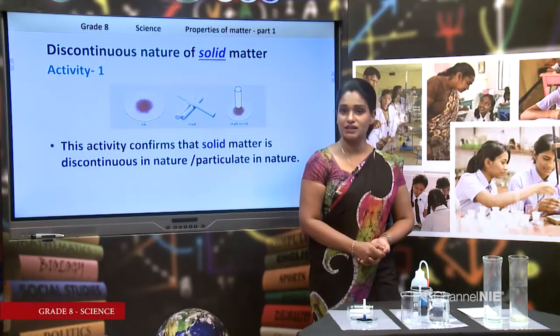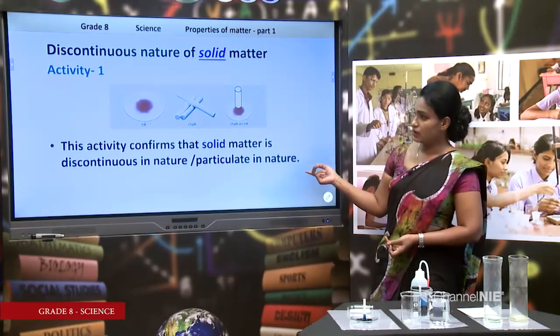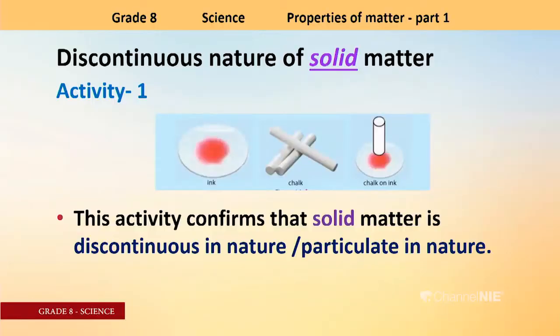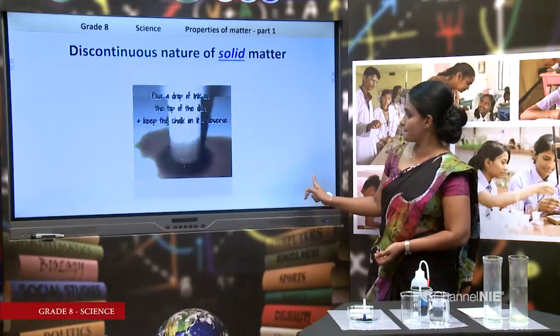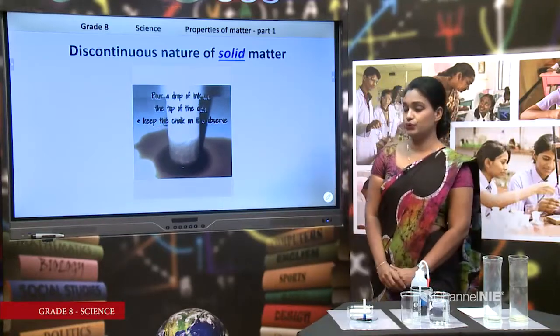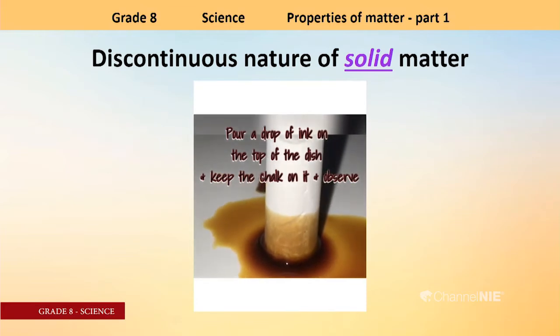I think you can understand that. So, in the screen also you can see the same activity. So, this activity confirms that solid matter is discontinuous in nature or particulate in nature. Then there is another close up for you. This is the same practical. Here you can see it very clearly. They have used brown color ink here.